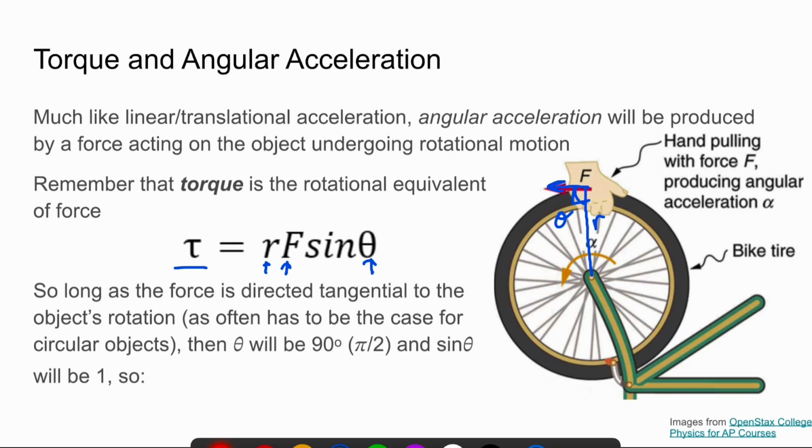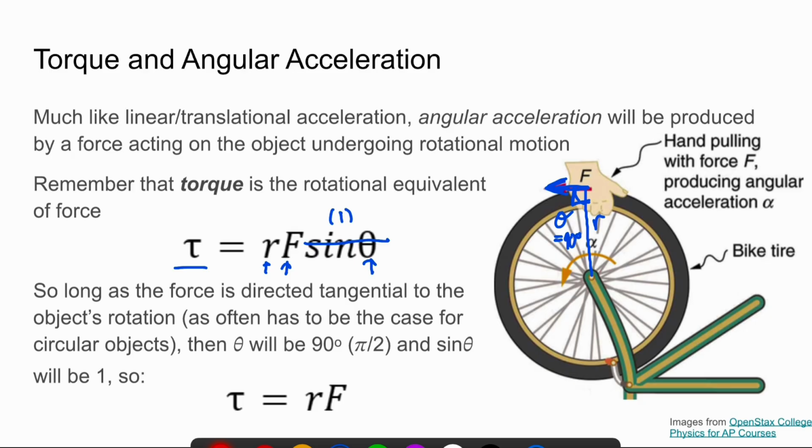As long as the force is directed tangential to the object's rotation, which is how we usually direct a force, as with the hand pulling that tire tangential to the tire's curve, that's going to produce a 90-degree angle. So our theta will be 90 degrees, and the sine of theta will be 1.